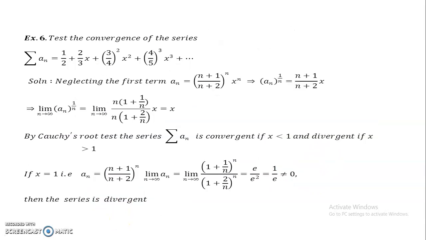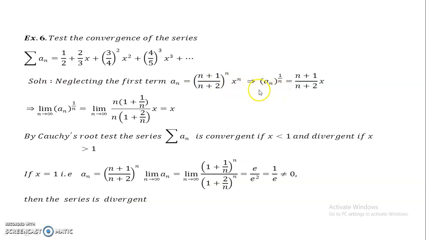So in the sixth problem also we have an x term, but only the first term has no x term, so we can see the nature of the series after the first term. After neglecting the first term, the nth term an is (n plus 1 by n plus 2) to the power n times x to the power n.